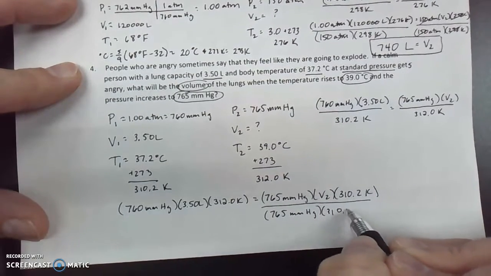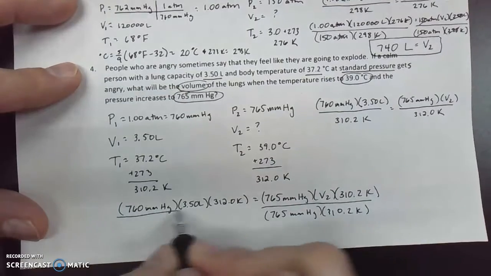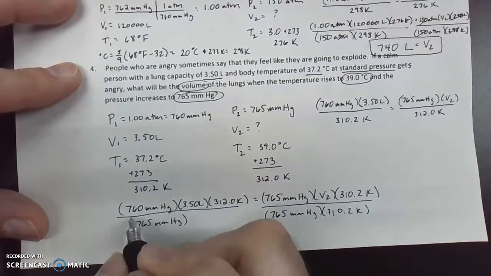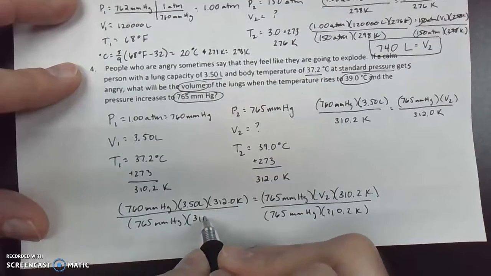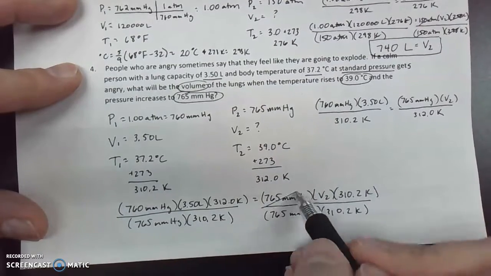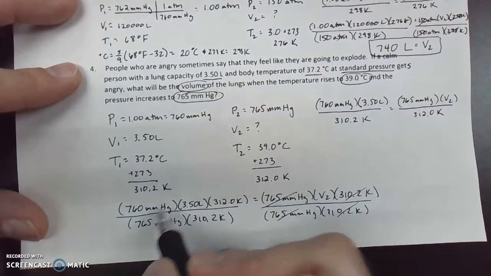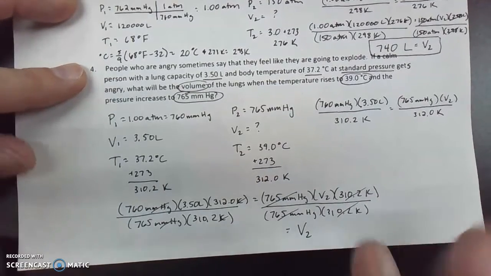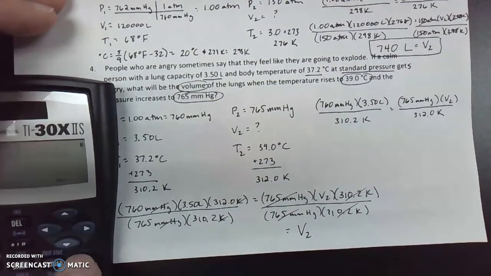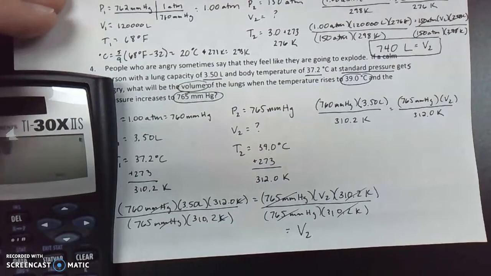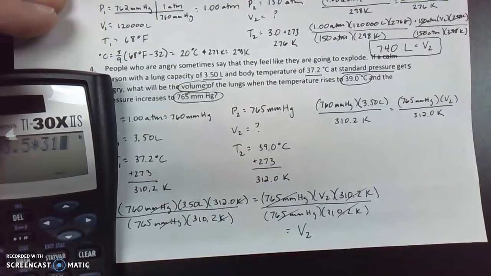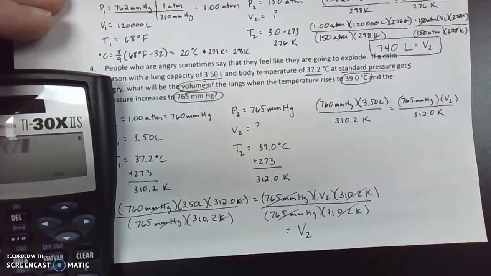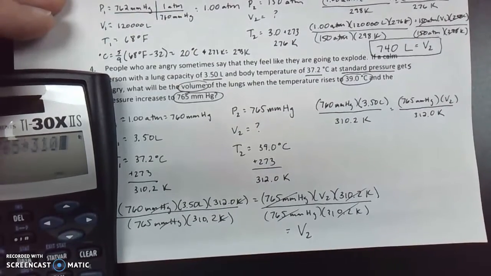So I'm going to divide both sides by 765 millimeters of mercury and 310.2 Kelvin. That crosses out units on this side. We're left with V2, and now we just have to put this in a calculator. 760 times 3.5 times 312.0, divided by the quantity 765 times 310.2.